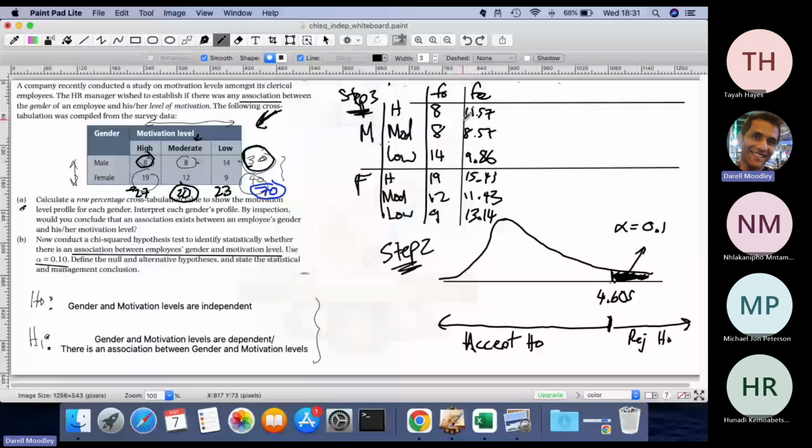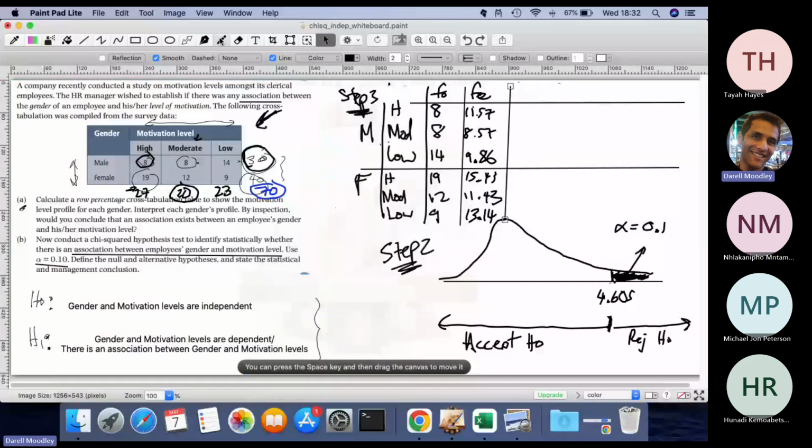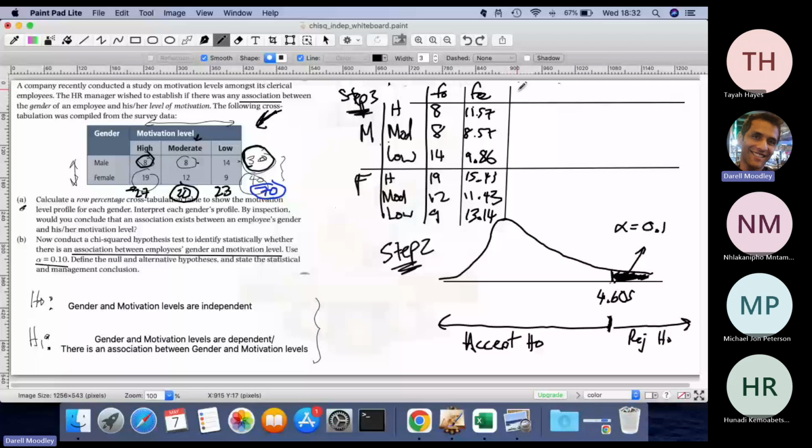All right. Now the next column that we need to work out is this here. We're going to subtract these 2 columns. So we're going to say F0 minus FE, and we're going to square it. So in other words, for the first value, we're going to say 8 minus the number for FE, which is 11.57.